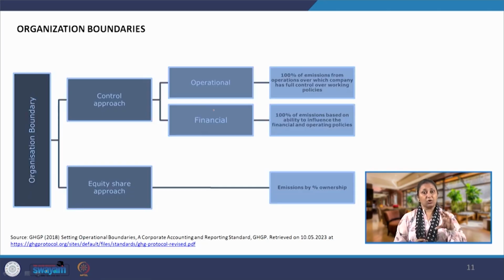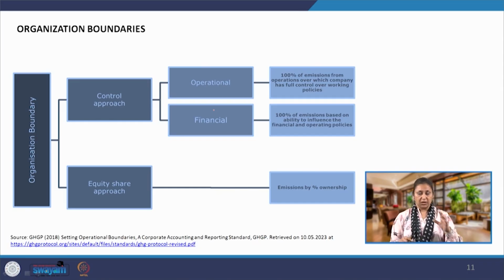Now, if we look at the organization boundary broadly, there are two approaches. One is a control approach and the other one is an equity share approach. Currently, GHG emission reporting requires a company to follow either one of the approaches, but to follow the principle of completeness in GHG emissions, a company is required to follow both the approaches and define its organizational boundary based upon both.